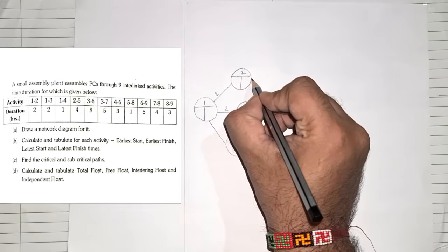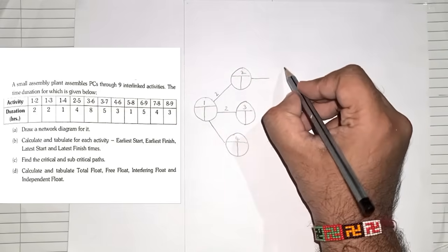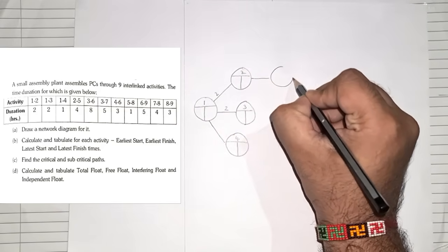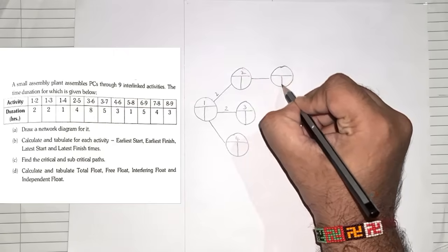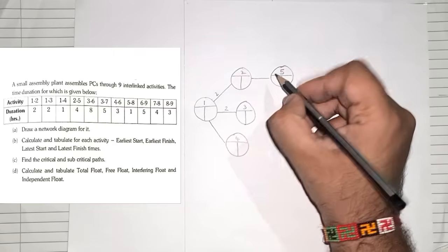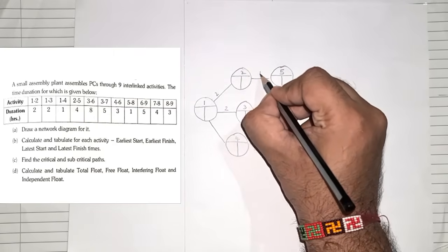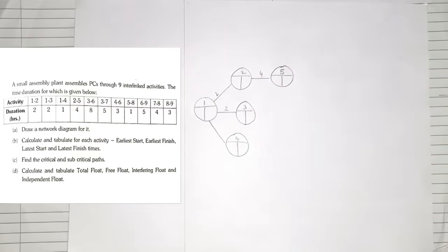So I'll write here from 2 there is activity 5 and the duration is 4. Next we have activity 3. From 3 we have 6, and again from 3 we have 7. So from activity 3 we have 6, and then from activity 3 we also have 7.